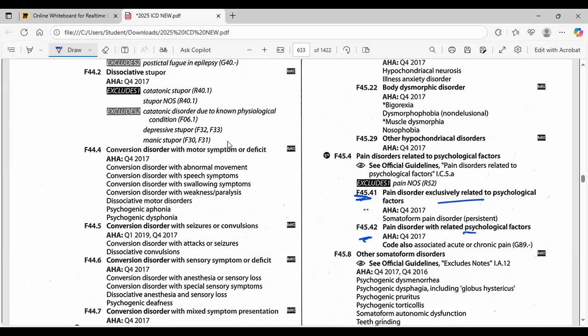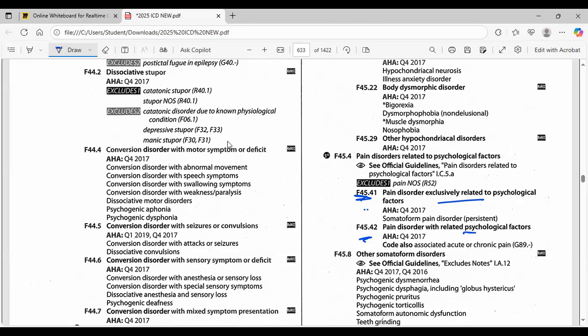Any answers? Are you guys able to identify the difference between these two or not? Yes, ma'am. Okay, tell me what is the difference between these two? F45.41, pain disorder related to the psychological factors. So that is persistent pain disorder, but in F45.42 we have two types of pain, like acute and chronic. Very good.